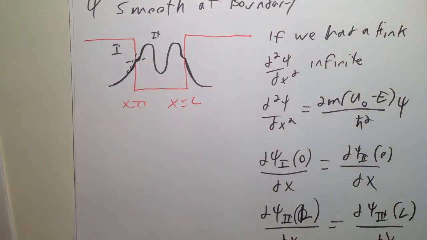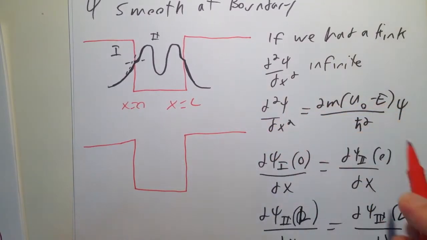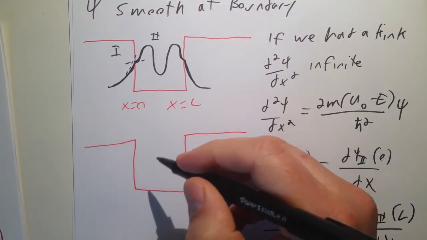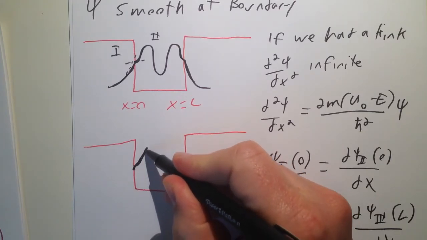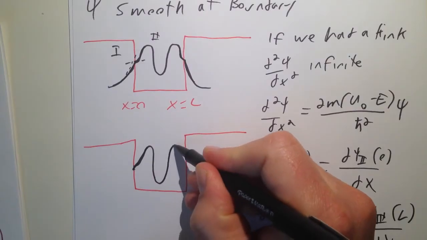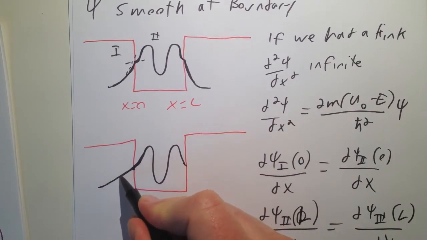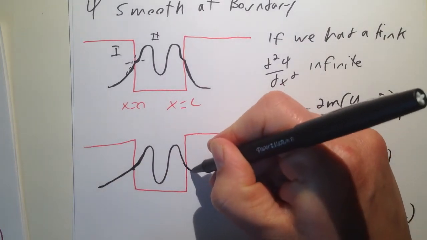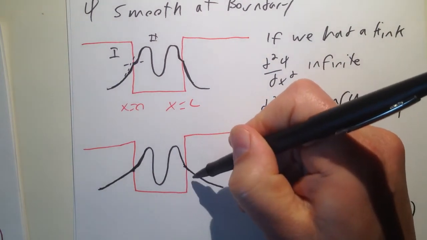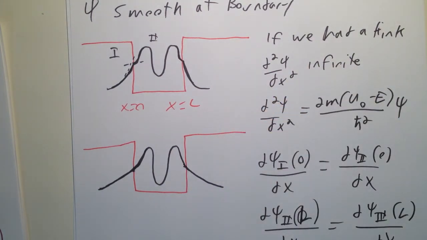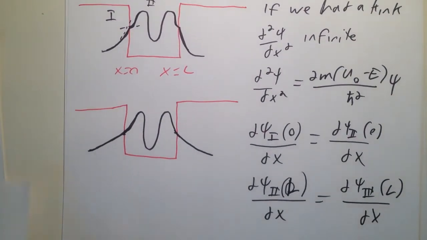All right, so what we want to happen is, and again, let's check my art skills here, we want to have a nice sinusoidal type wave function, and then at the boundary it's a nice continuous wave function with the same slope on either side of the boundary. Okay, so I don't know if my art skills really pulled it off, but that's what we're looking for.